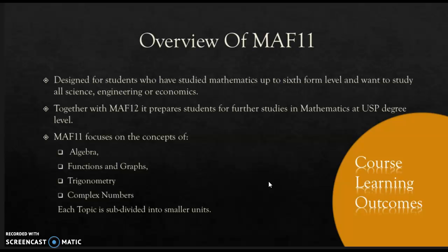MAF11 focuses on the concepts of algebra, functions and graphs, trigonometry, and complex numbers, and each topic is then subdivided into smaller units. The purpose of these smaller units is to enable students to study mathematical concepts step by step, and it consists of explanations, examples, and tutorial questions.